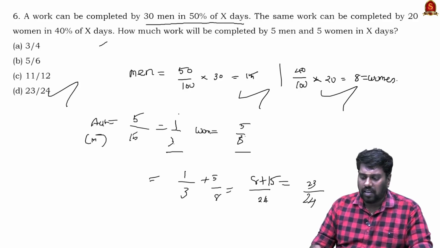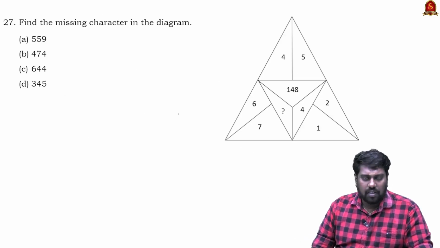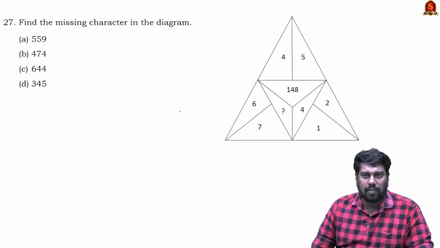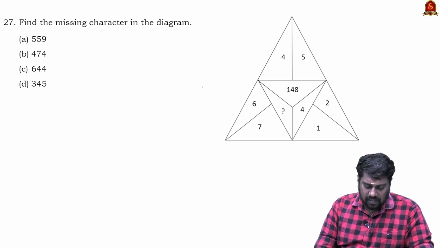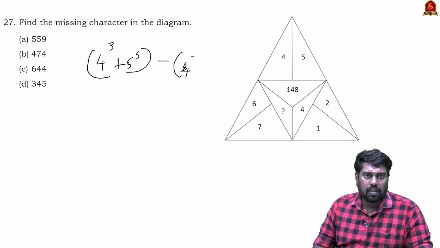Okay, right? The next one. For this, many people will be able to find the logic, many will not. If you take the first pattern of the numbers, it is nothing but 4 cube plus 5 cube. The missing character will always be a combination of positive and negative, for example 4 square plus 5 square.